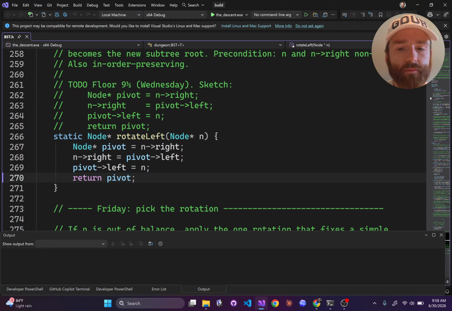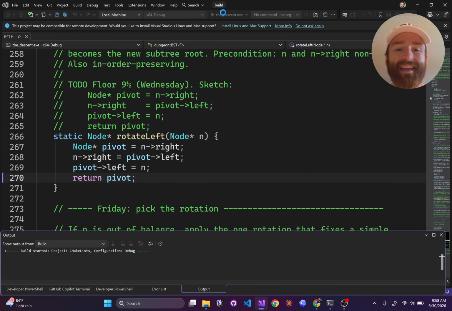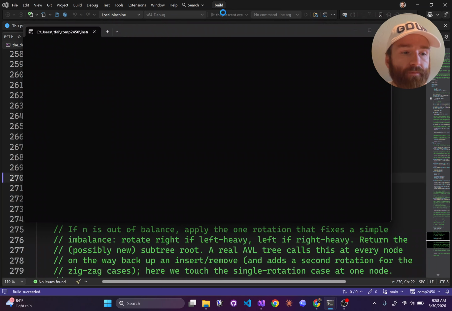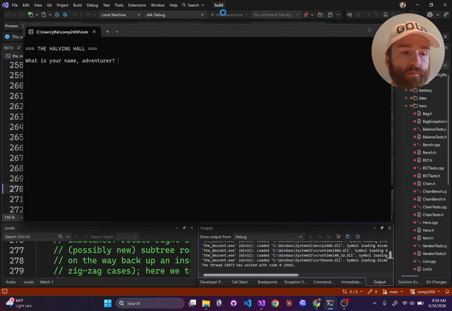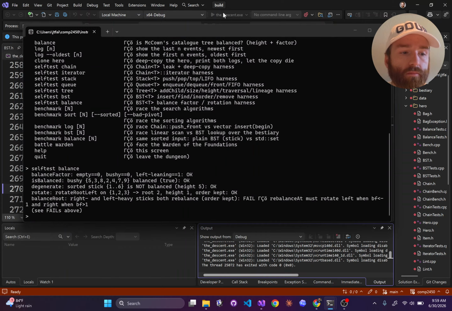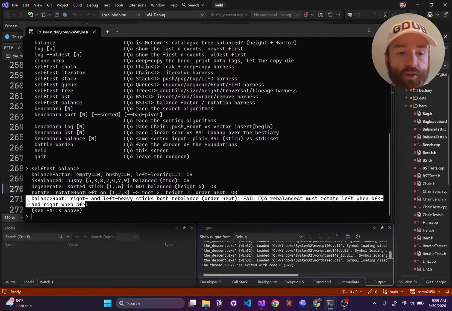Okay. Now, what we can do at this point, if we build our executable just to show where we're at, let's do that just to get our floor set up for ourselves. So you see we're still at the point right here where we have an issue with our balancing root.